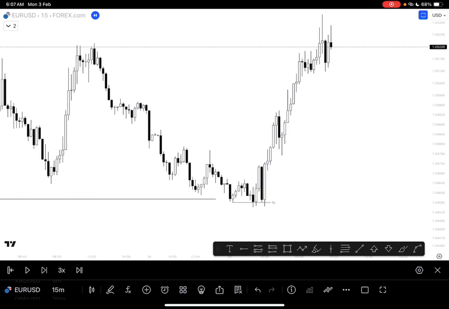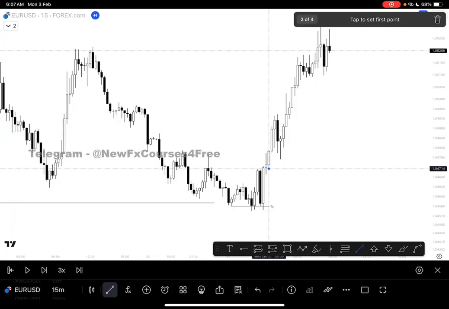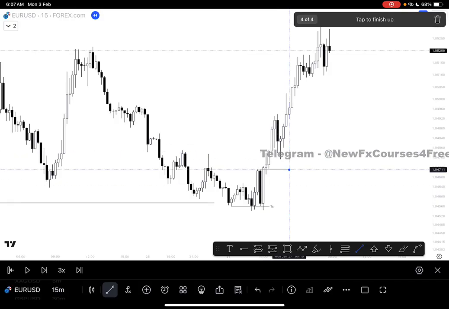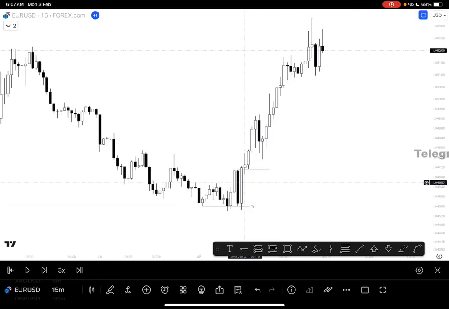Okay, and close above this candle, and which the market actually retraced to with this move here.